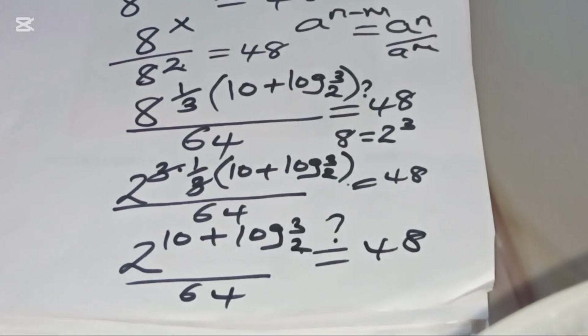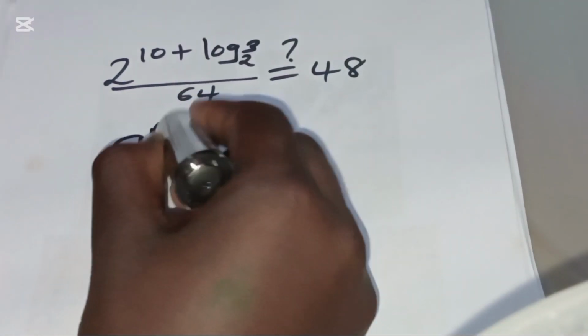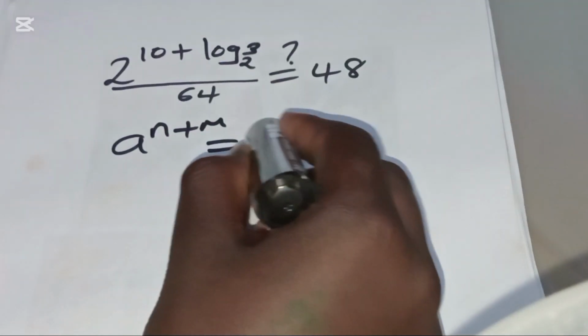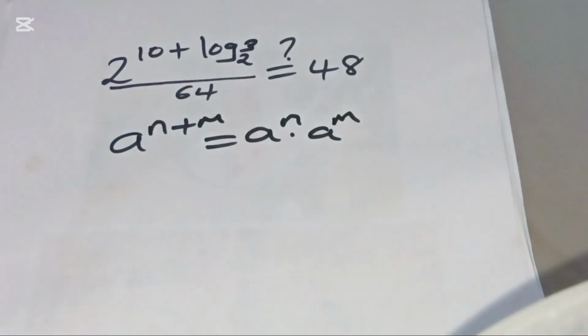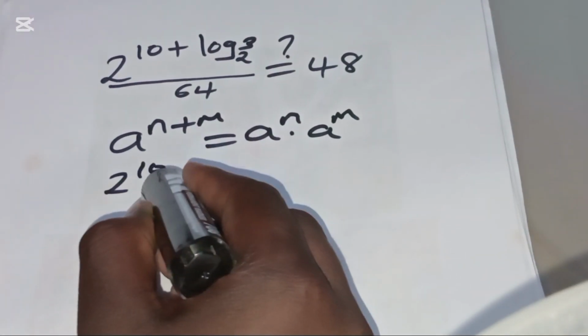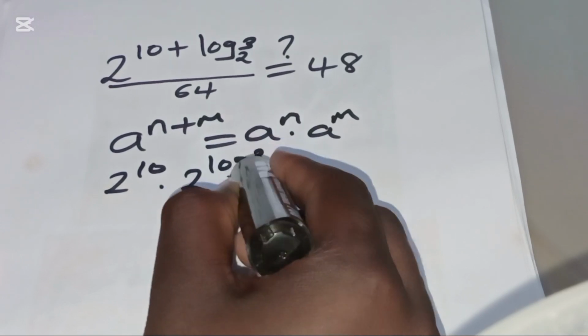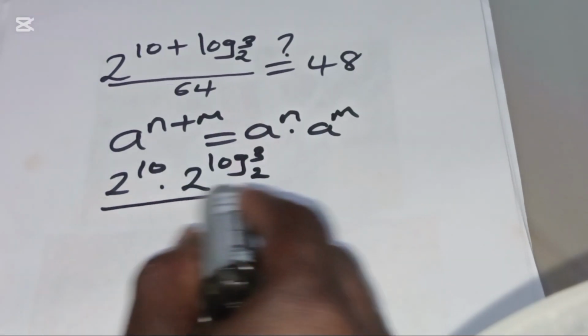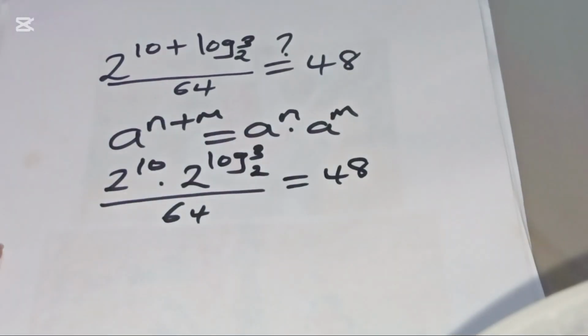Let's proceed. 2 to the power 10 plus log 3 to base 2 is in the form of a to the power n plus m, which you can express as a to the power n multiplied by a to the power m. Now, applying this identity, we'll have 2 to the power 10 multiplied by 2 to the power log 3 to base 2, divided by 64. This is supposed to give us a value of 48.